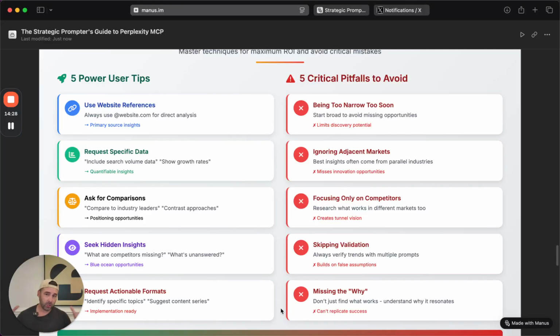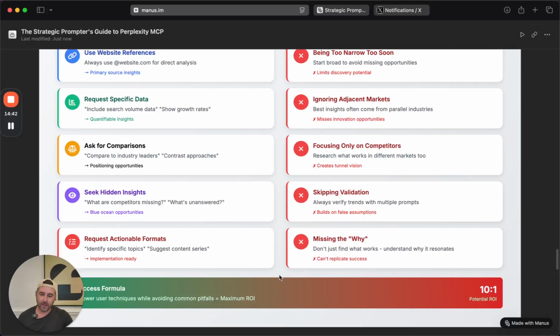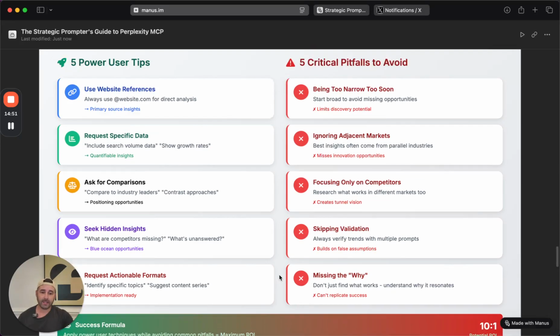This is tied to knowing what good looks like, which is one of my major tips for getting the most out of AI. Ask for comparisons, so find market leaders, find the gaps by contrasting the approaches. Seek hidden insights. What are competitors missing? What's unanswered? And then request actionable formats. Identify specific topics, suggest a content series for the platforms that you want to go and attack.